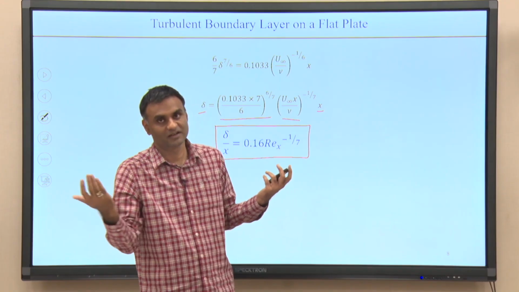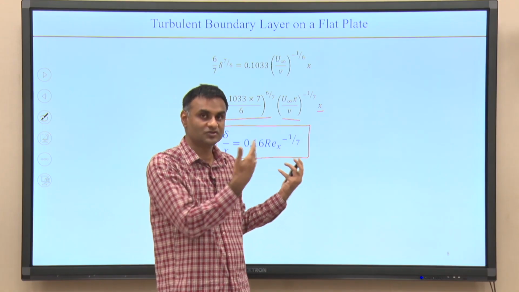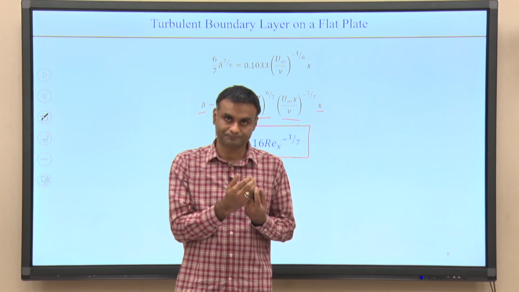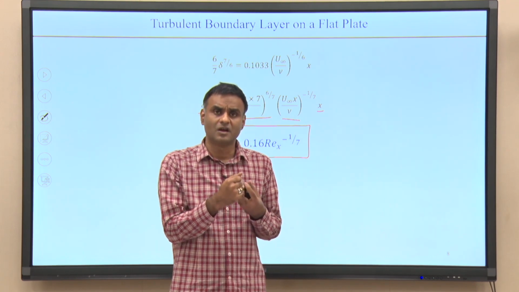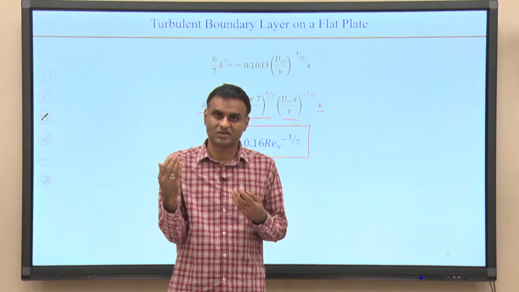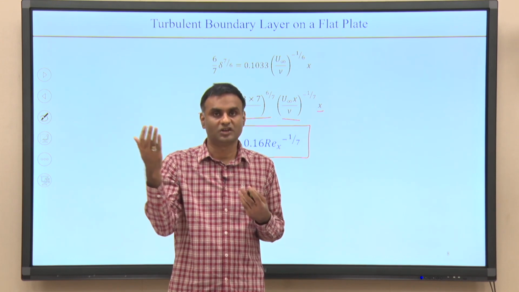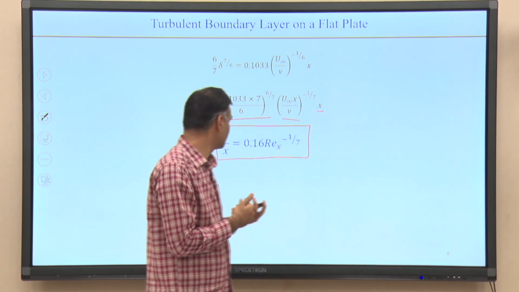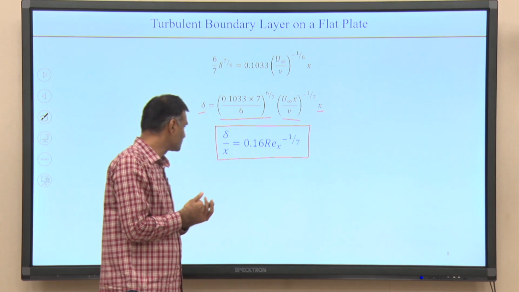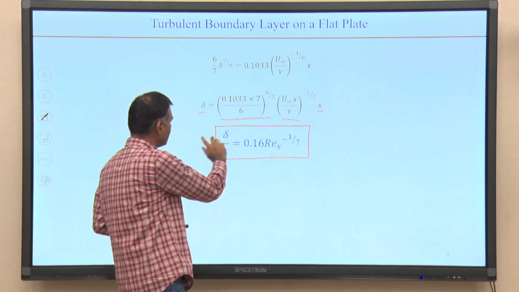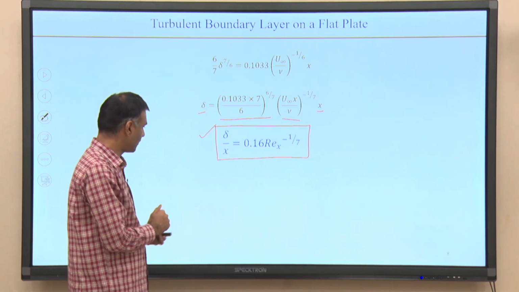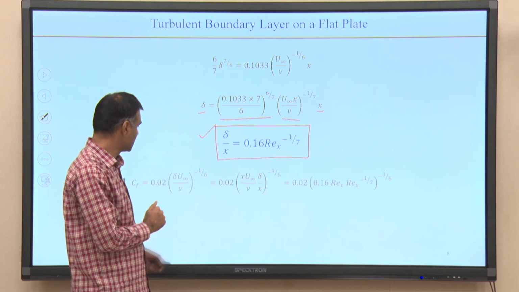Now, if the integration is cumbersome, probably we could use the logarithmic velocity profile for both the cases and use numerical integration to simplify things. So, this gives us a relationship for turbulent boundary layer thickness.